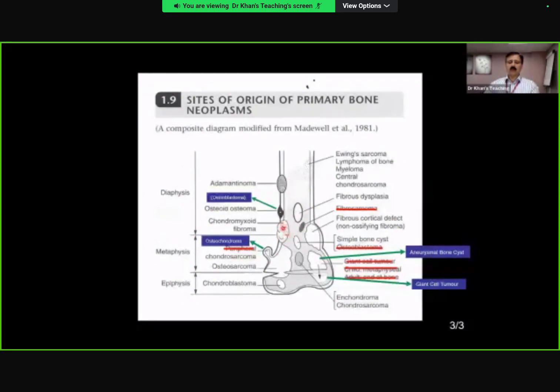Chondromyxoid fibroma. This is not a very important tumor. Having said that, it's useful to remember it for your differential diagnosis. It's a very rare tumor, and usually it is seen in the tibia. The age group is slightly different from the non-ossifying fibroma.